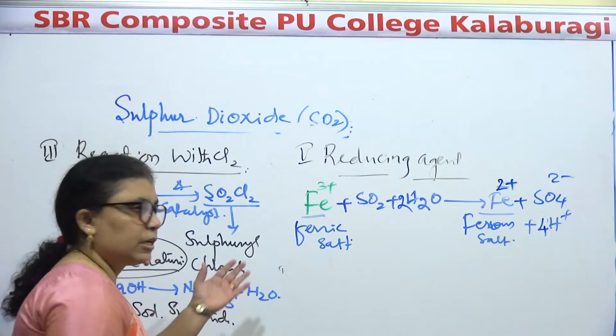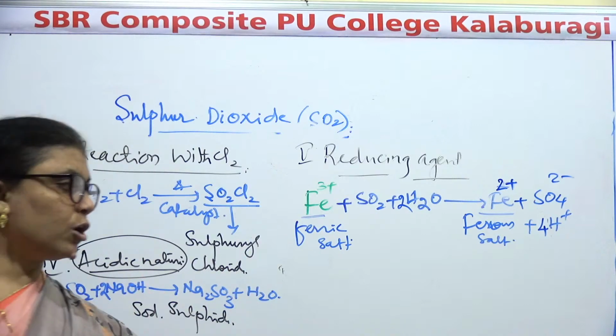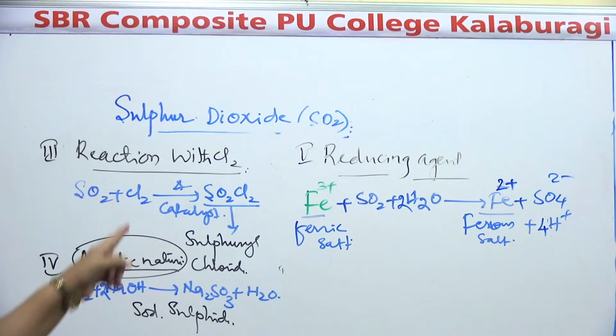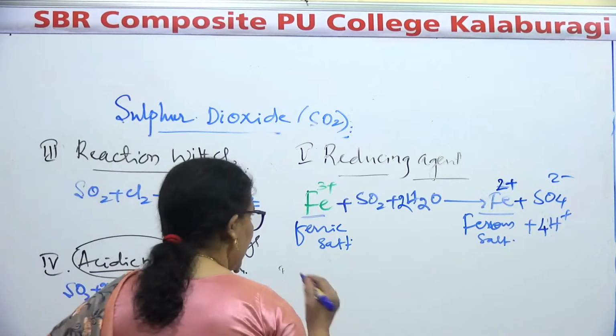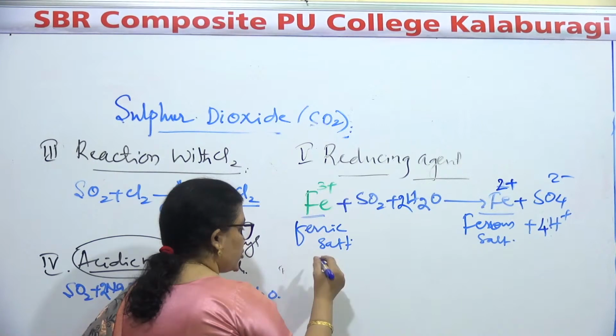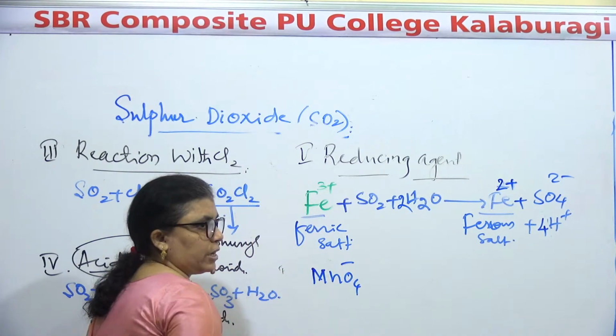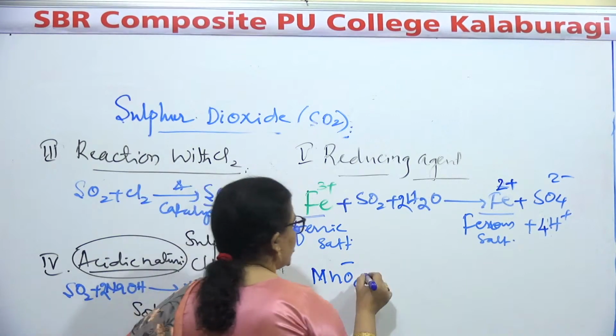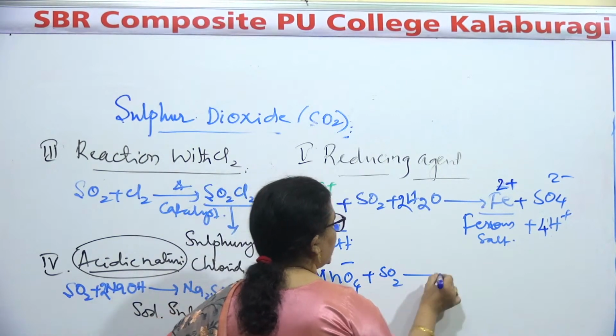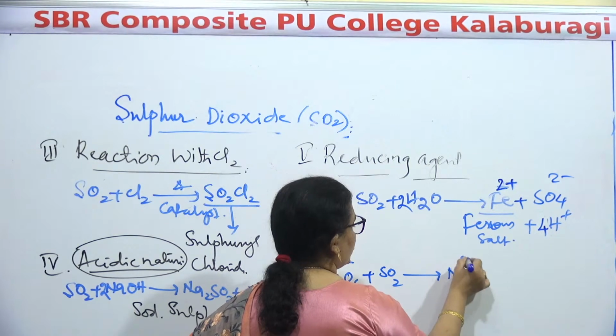Same way, it can convert ferric ion to ferrous ion. Remember here, it can act as a reducing agent. Other than ferric ion, if we take permanganate ion also, the same reaction takes place. Permanganate ion with sulfur dioxide, the same reaction takes place.